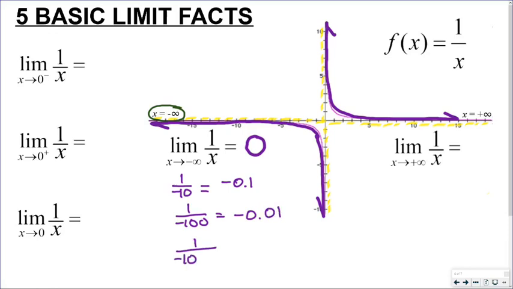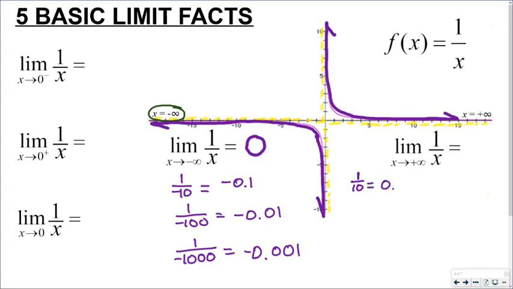And if I divide by, let x be -1,000, I get -0.001. And you can see that your y values are getting smaller and smaller and smaller, closer and closer to 0.